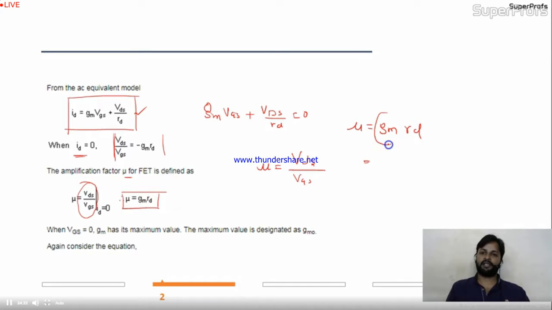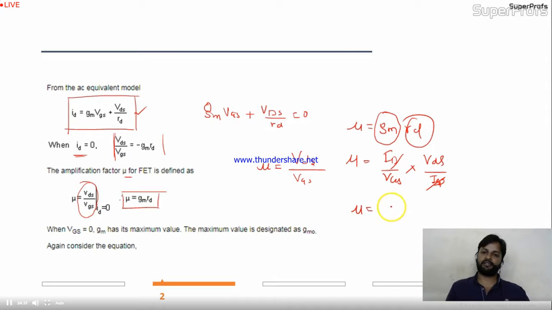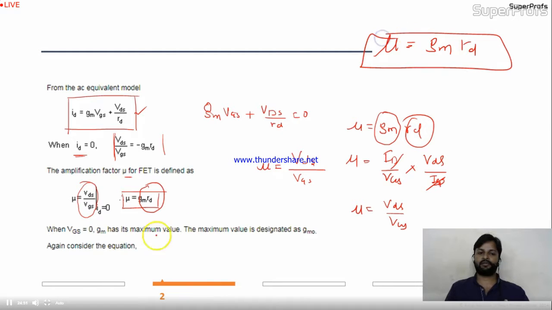If you write GM as ID divided by VGS, and RD as VDS divided by ID, ID will get cancelled. This is mu. So mu is nothing but VDS by VGS, but in terms of transconductance, the amplification factor mu is nothing but GM RD. Is it okay to you?